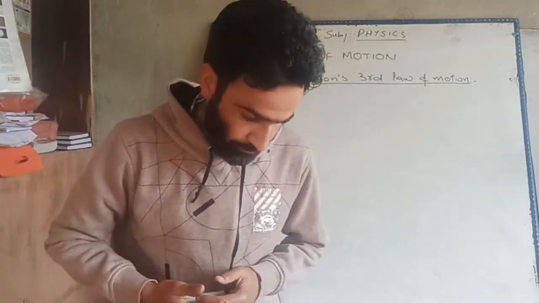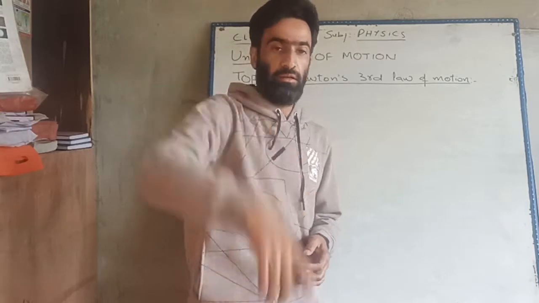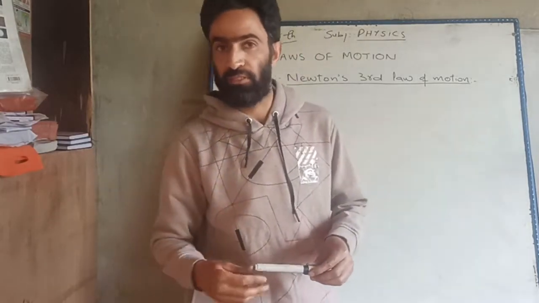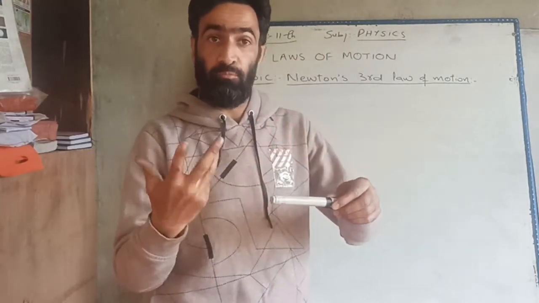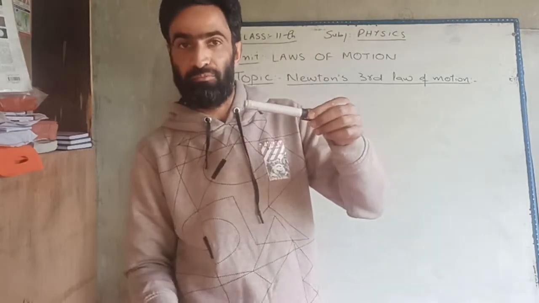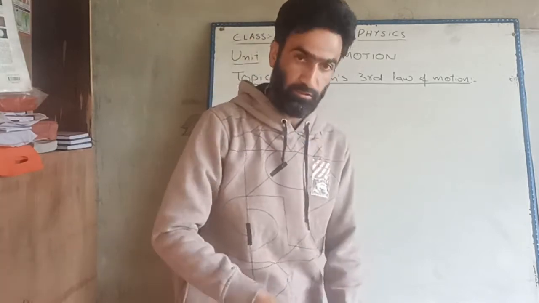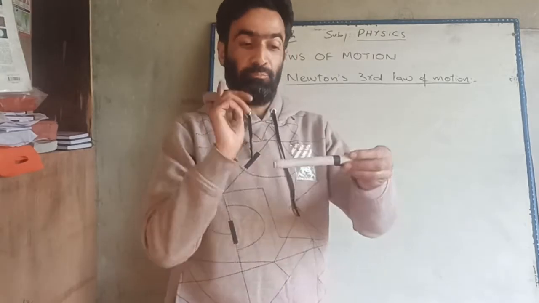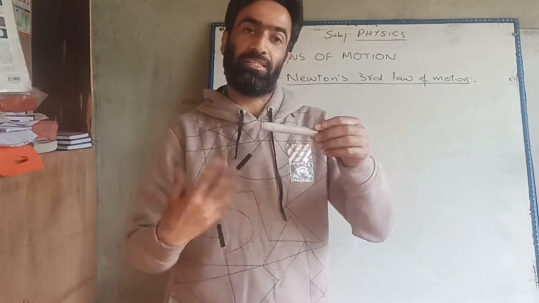In the same way, this pen is a freely falling body. It comes down, meaning it is attracted by a force given by the earth. Do you know there is also the same force by which this pen attracts the earth? We observe the pen coming towards the earth, but the pen also attracts the whole earth by the same force.